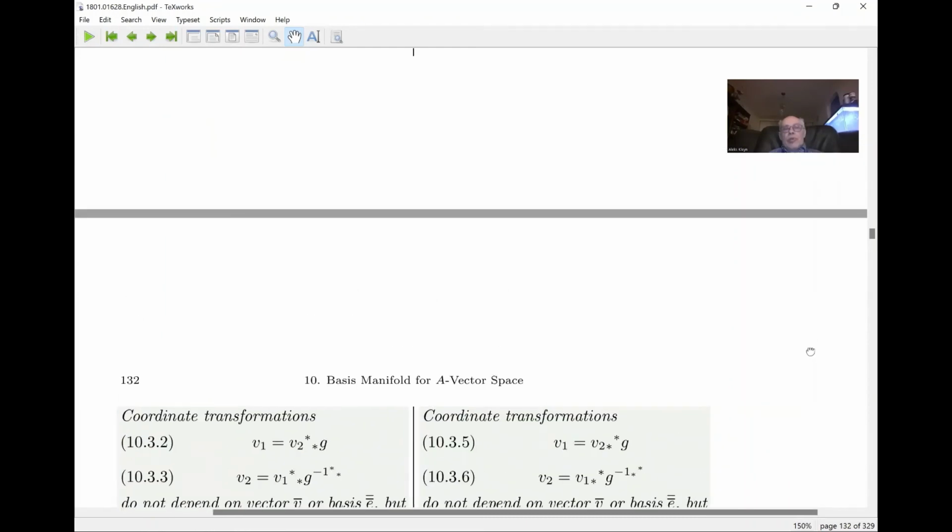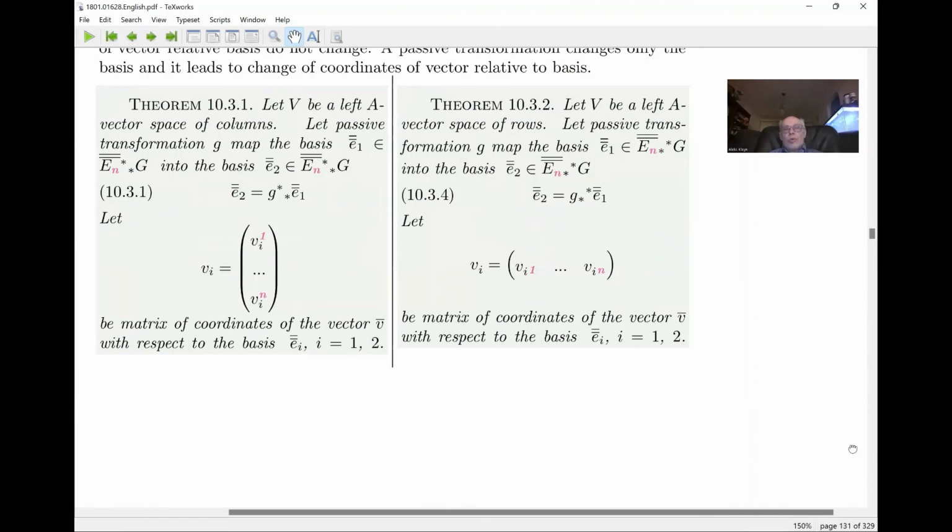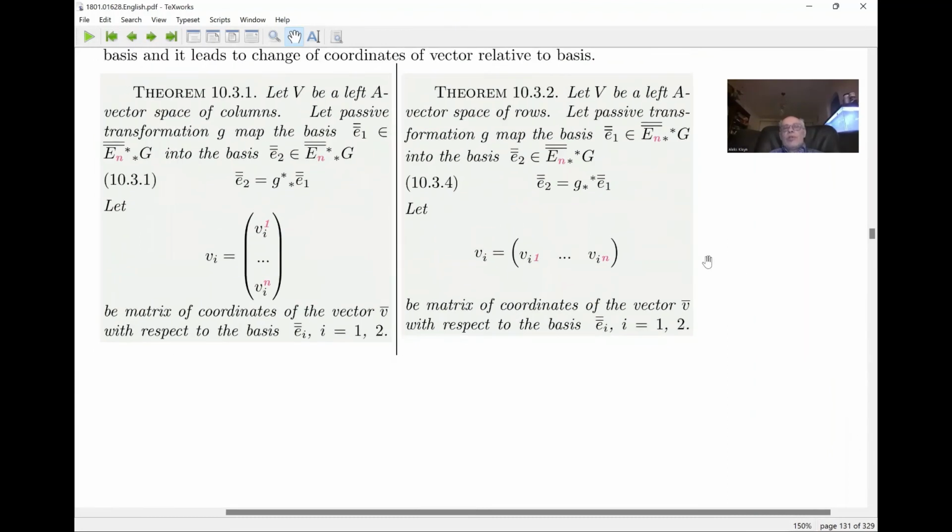Similar statement is true for left vector space of rows. Let V be a left a vector space of rows. Let passive transformation G map the basis E1 into the basis E2, equality 3.4.